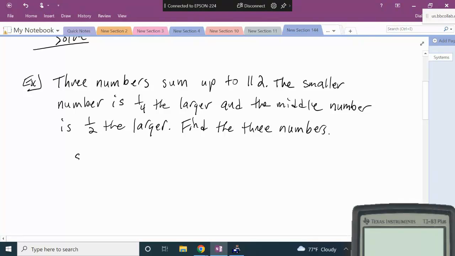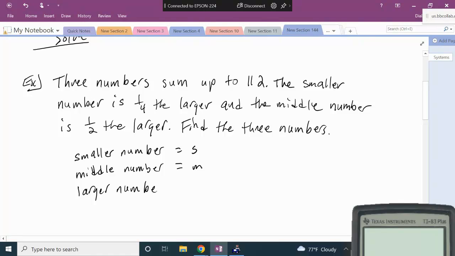So I'm going to call the smaller number S, the middle number M, and the larger number L. You can call them X, Y, Z. You can pretty much give them any letter of the alphabet you want, but I'm going to use S, M, and L, short for smaller number, medium number, and larger number.